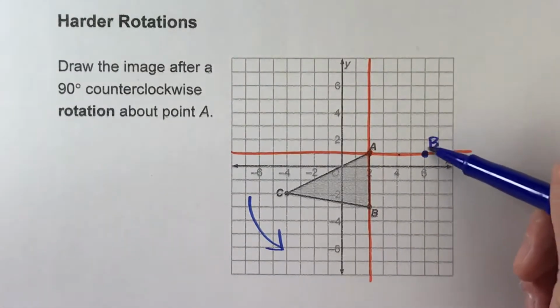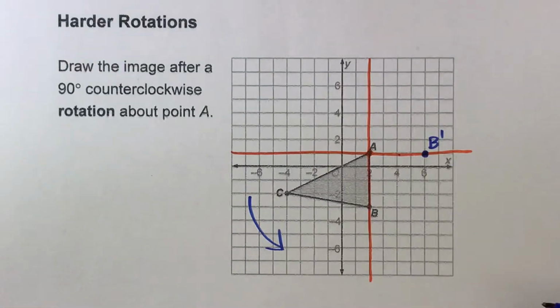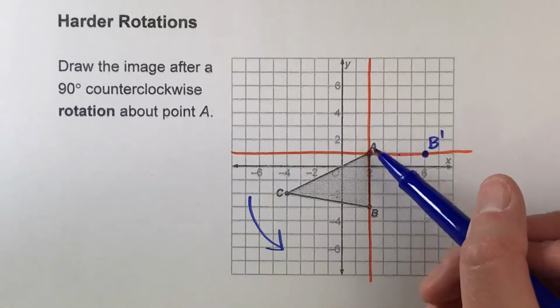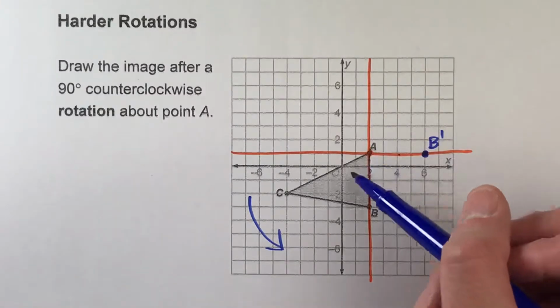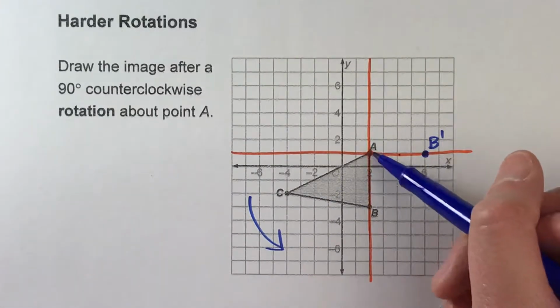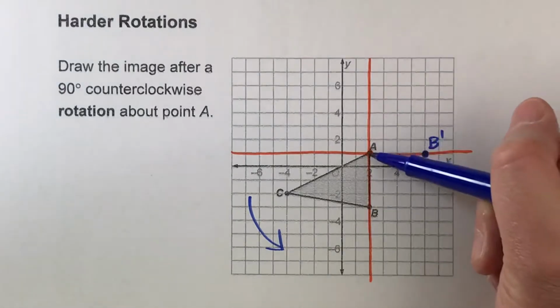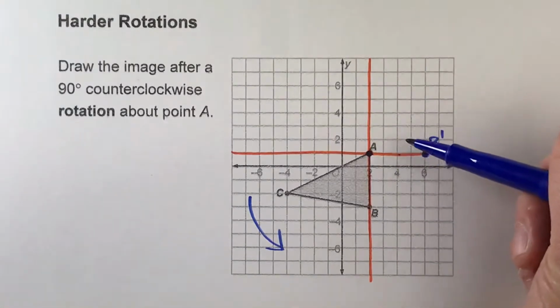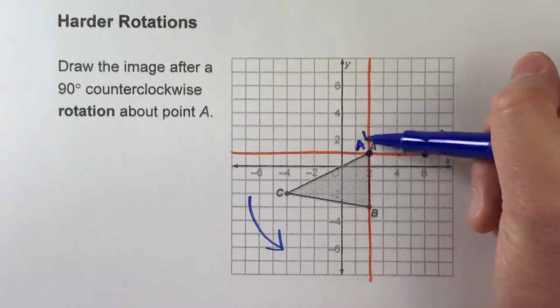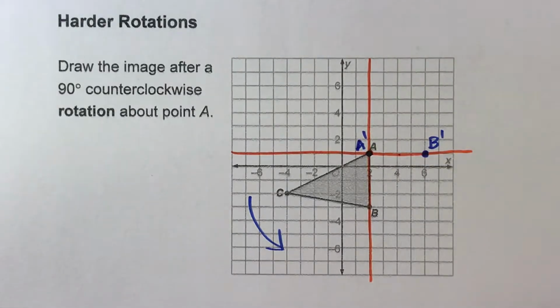So this is going to be my B prime. Now notice, point A is on our fake origin. When we rotate it, it's not going anywhere. That's the one point that doesn't move at all. So point A stays there, and that's also going to be my A prime.